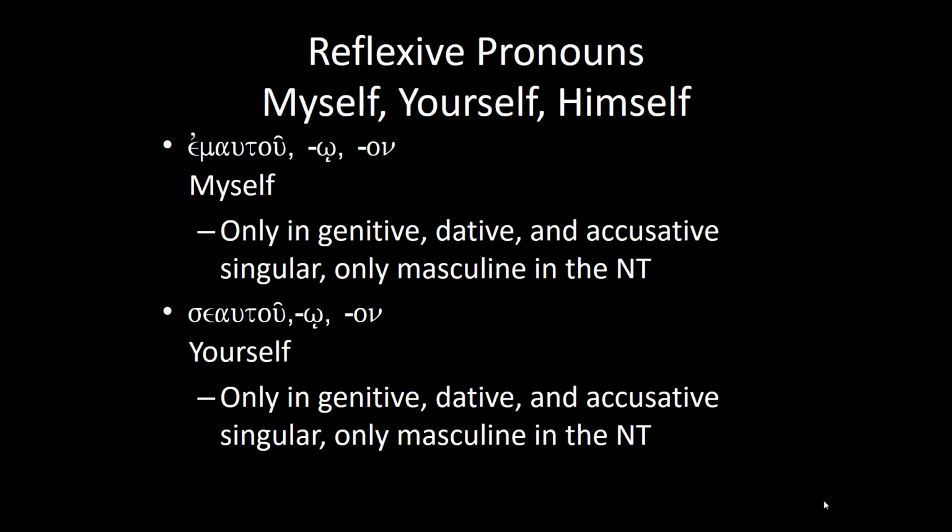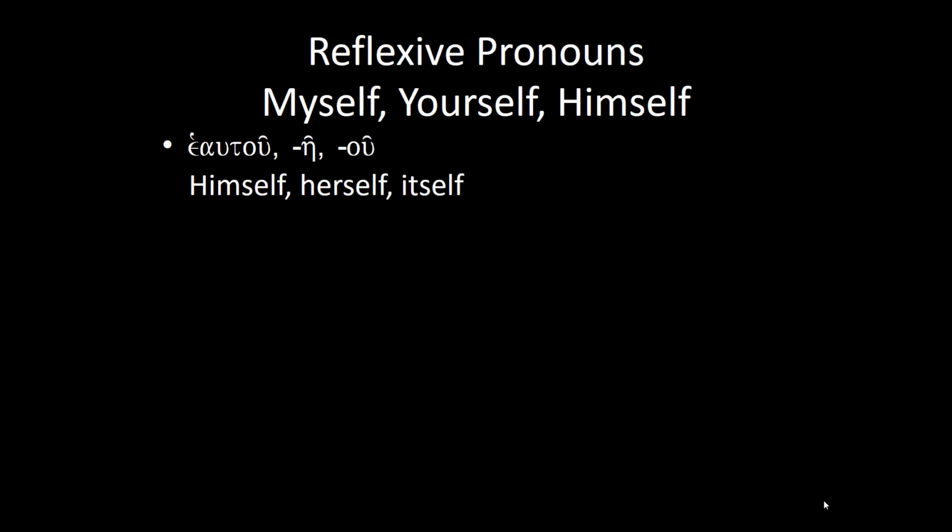And again, just like emautou, it's only in the genitive, dative, and accusative singular, and it's only masculine in the New Testament. Now, some Septuagint uses will have some others besides masculine, but this is all you're going to see in the New Testament. Heautou means himself or herself or itself.